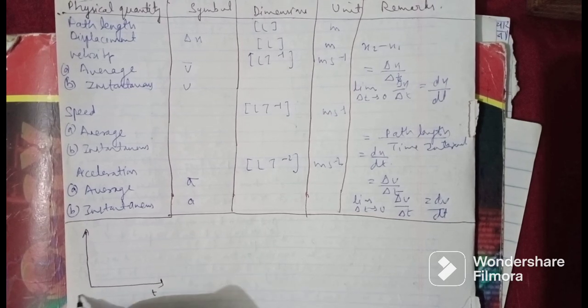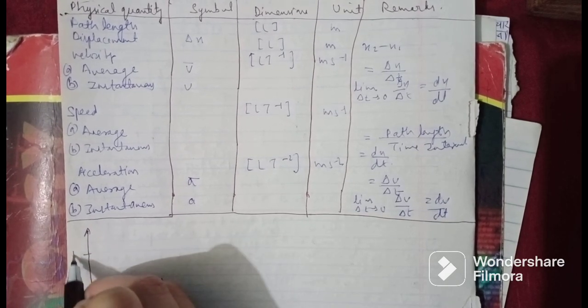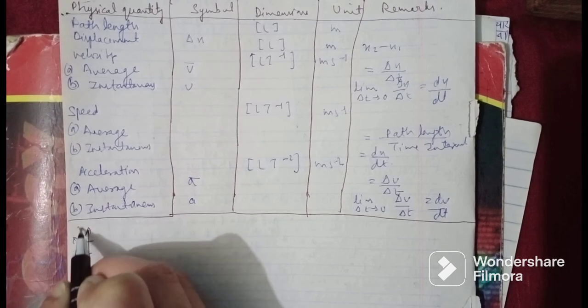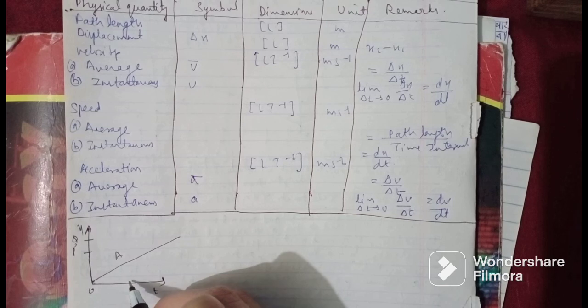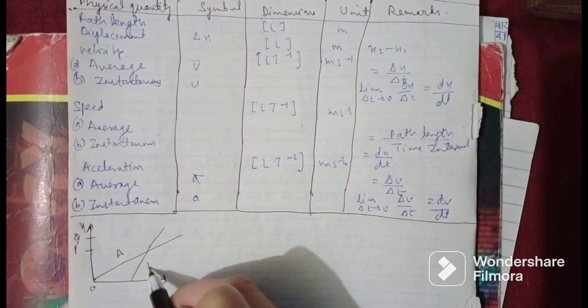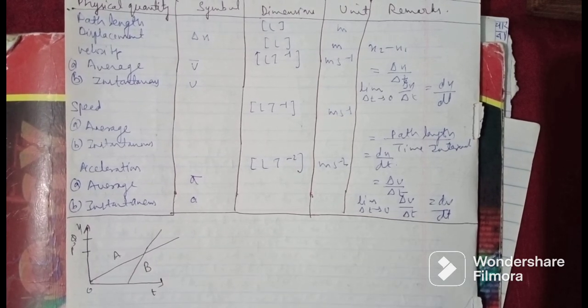This is T, P, this is Q, and this is for X, A, and this is B. Okay, so for the same, the third question we'll talk about here.